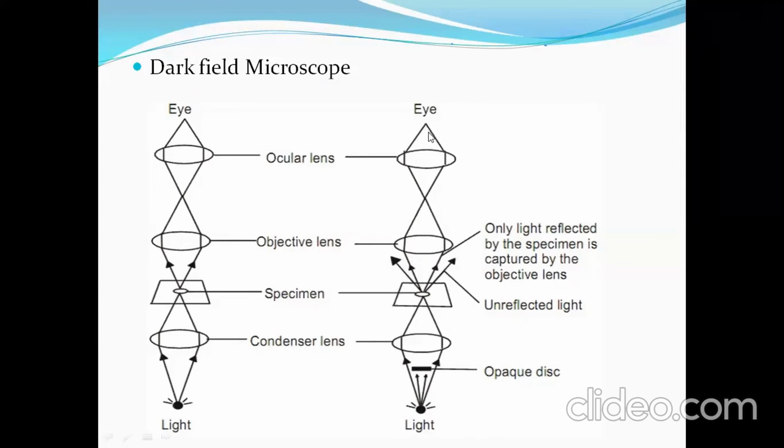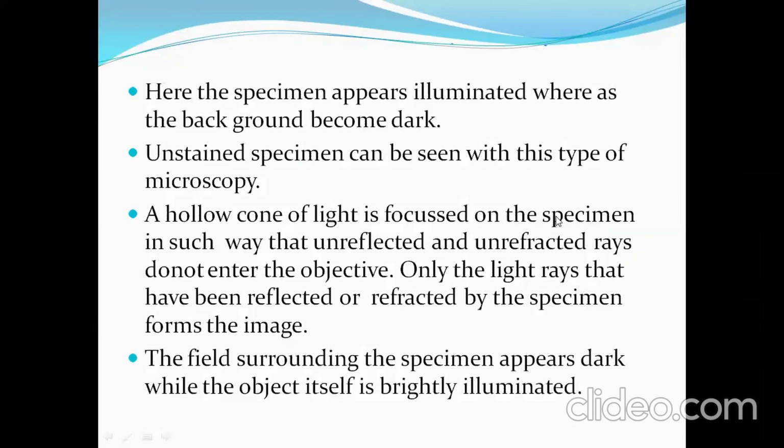So obviously the specimen appears illuminated, whereas as the unreflected light does not enter the objective, the field appears dark. Clear? This is the basic difference between the principles of bright field and dark field microscopy. Here the specimen appears illuminated, whereas the background becomes dark.